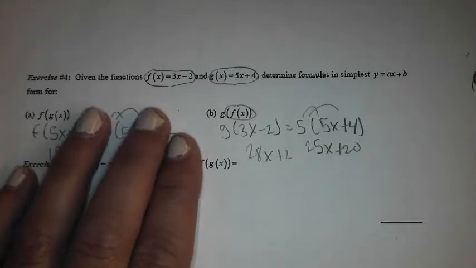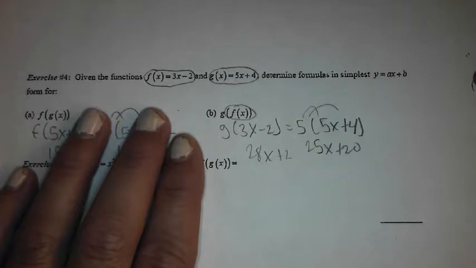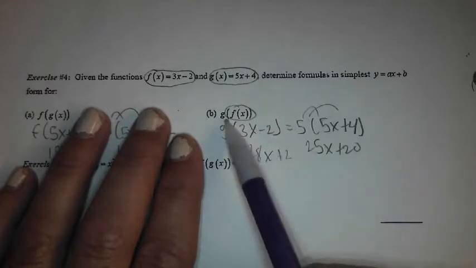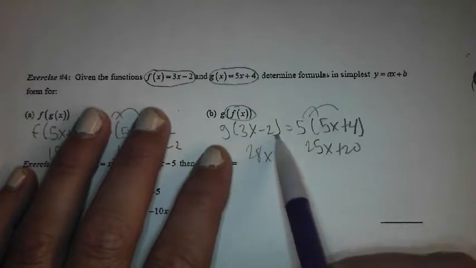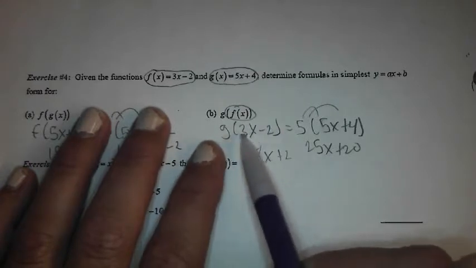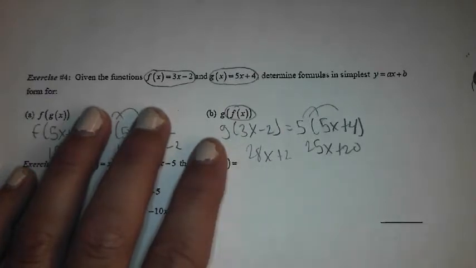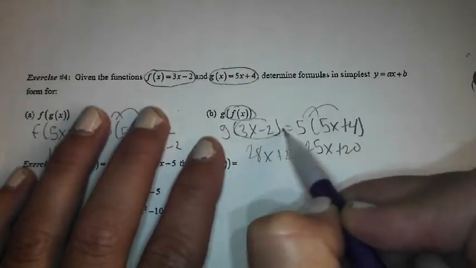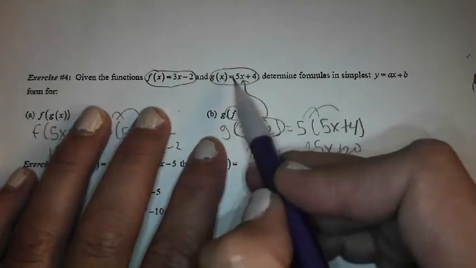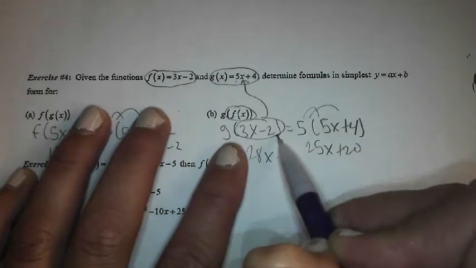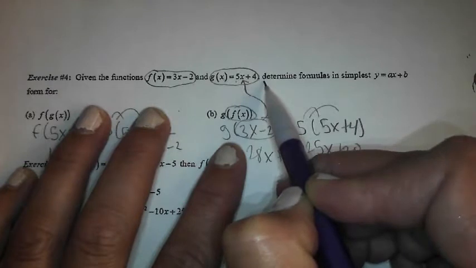Andrew, what do you see? He was supposed to put it into g of x, right? He replaced the f of x, and we're supposed to plug this into g. So this 3x minus 2 needs to go into the g function right there. So 5 times this plus 4.